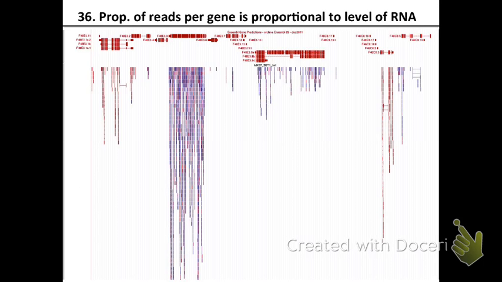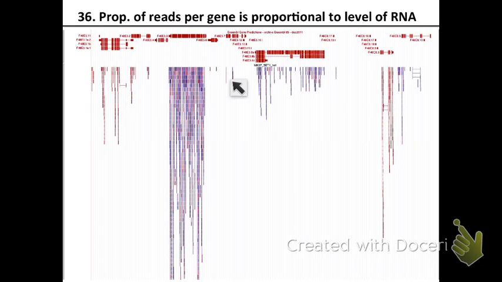So here is an example from one of my students. I asked them to put all the reads on the UCSC browser and give me a screenshot, and that's what he gave. So these are C. elegans genes up here. Each of these is a gene. Again, the thick ones are exons, and the lines are introns.